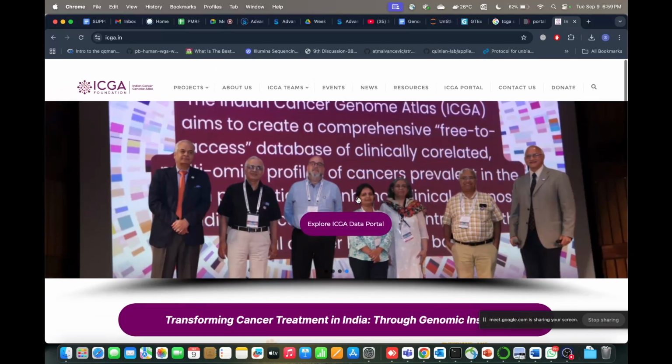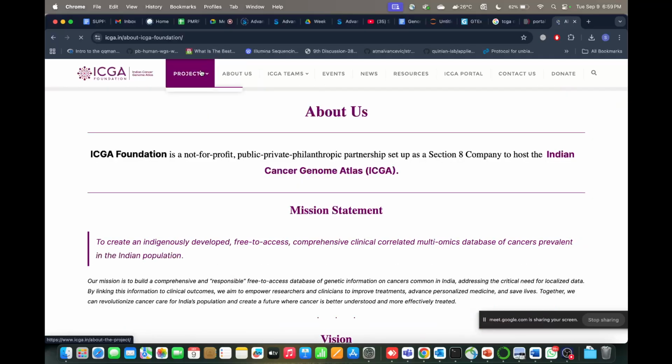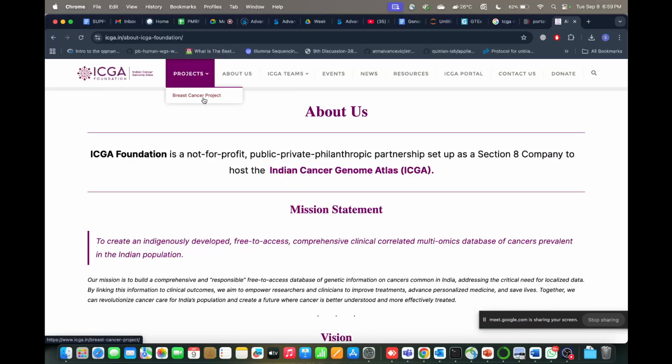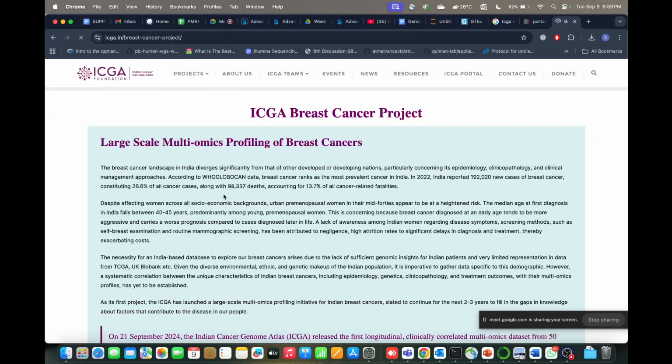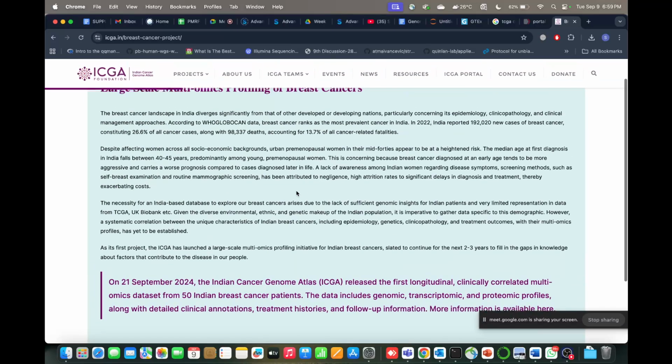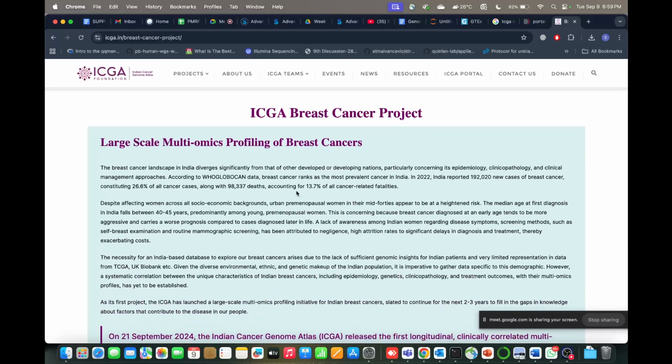We are collecting those data. Currently they are looking at large-scale multi-omics projects for profiling of breast cancers. This is the Indian version of TCGA. This is ICGA. It was very recently launched, I think a couple of years back.